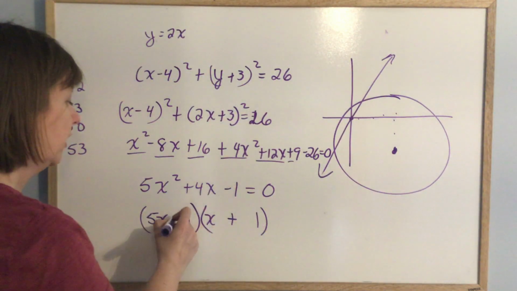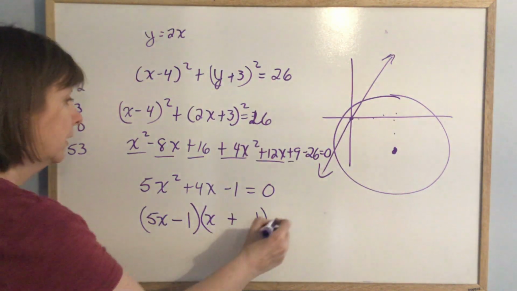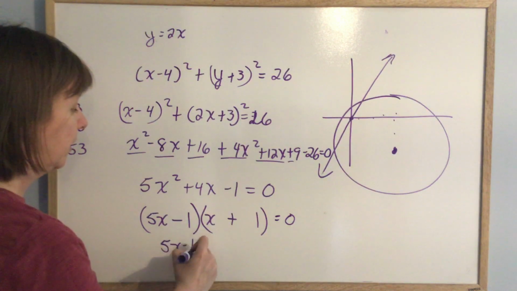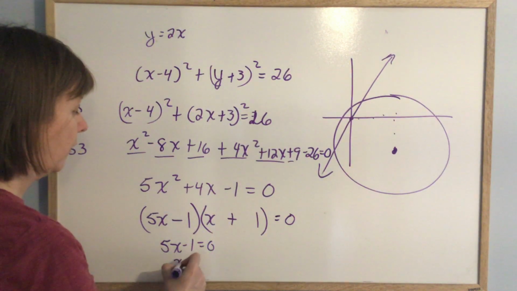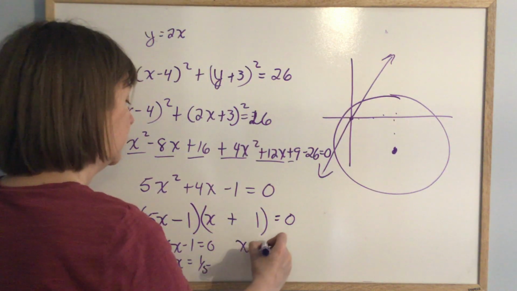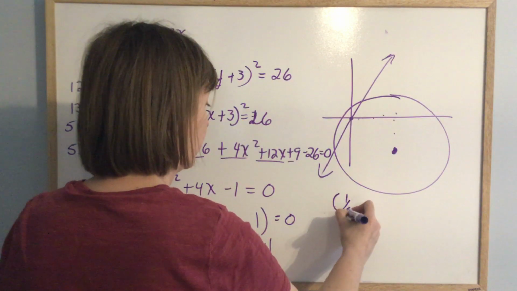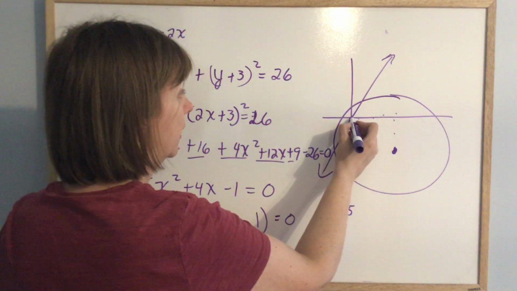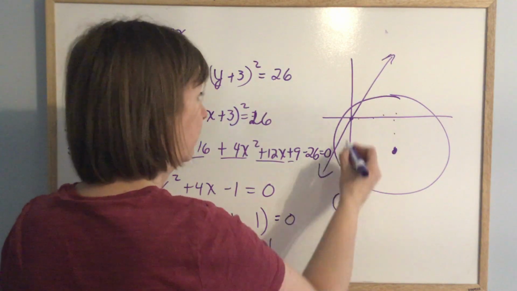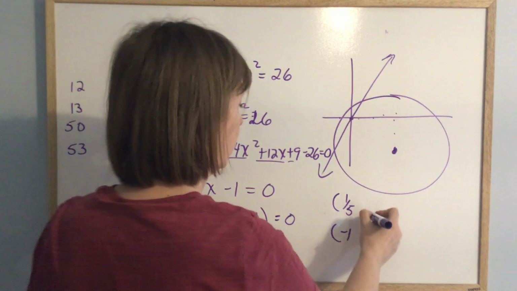So that would be 5x minus 1 times x plus 1, is equal to 0. So either 5x minus 1 equals 0, so x would be 1/5, or x would equal -1. So either x is 1/5, which kind of makes sense, over 1/5 and up, or -1, which again kind of makes sense, back 1, and it's going to be down something.